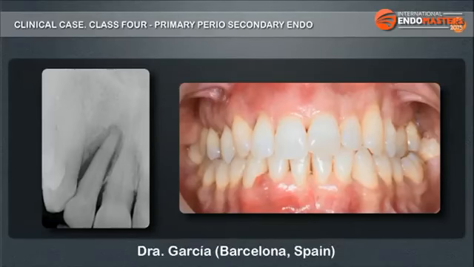Radiographic examination reveals a pattern of vertical bone loss and calculus. There is an intact crown, no caries, no filling, no grooves, and patient does not refer previous history of dental trauma. Based on all this information, a diagnosis of a pulp necrosis secondary to an advanced periodontal disease was done.